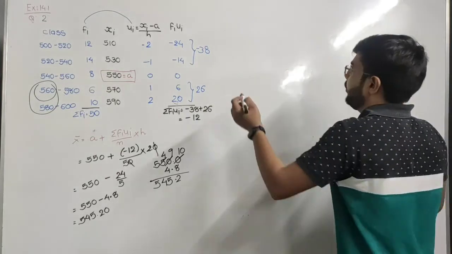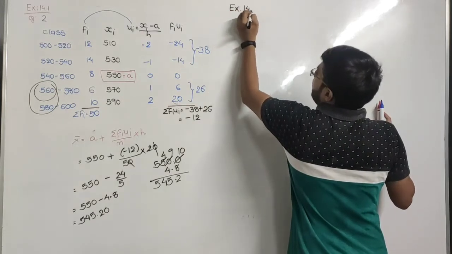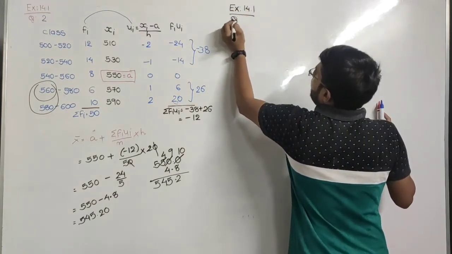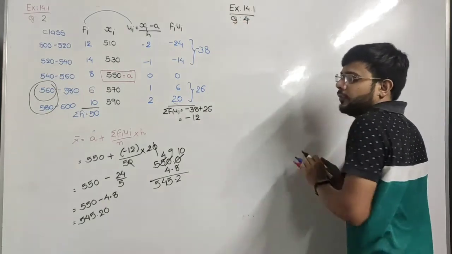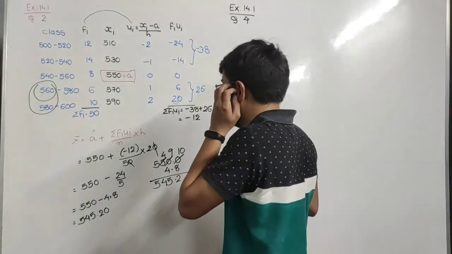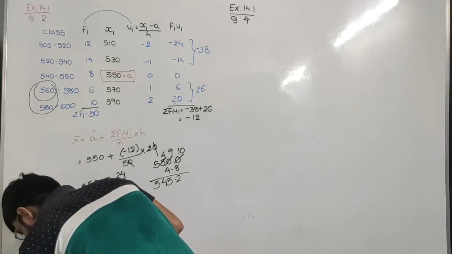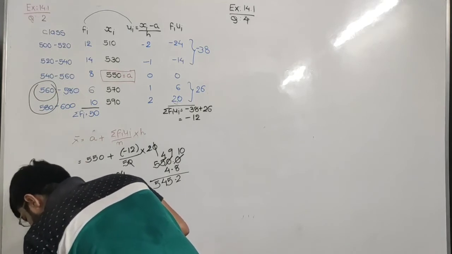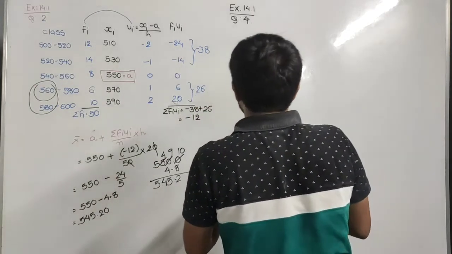Now we will solve exercise 14.1, question number 4. The third one is for a missing frequency, that will be a different type in this method. Now the question has the classes starting from 65 to 68.